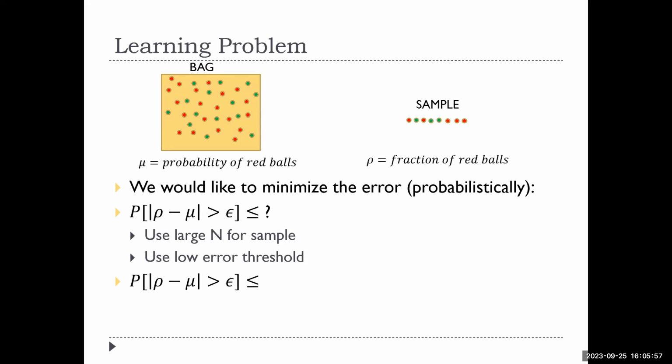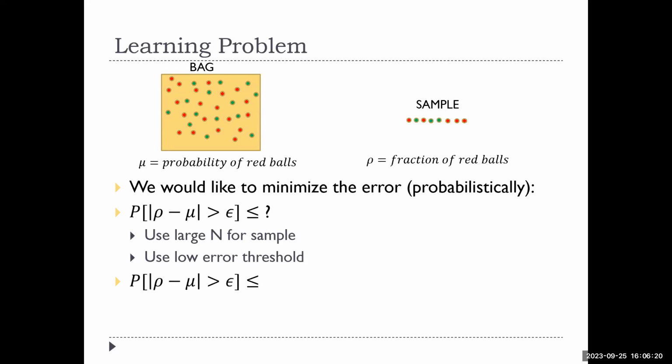My error is, in this case, the difference between rho and mu. If I can limit the error, then that's a good approximation. Meaning, I have rho, my fraction of red balls, and mu, the probability of red balls in the real environment. If the difference is the error, I may try to limit that error.